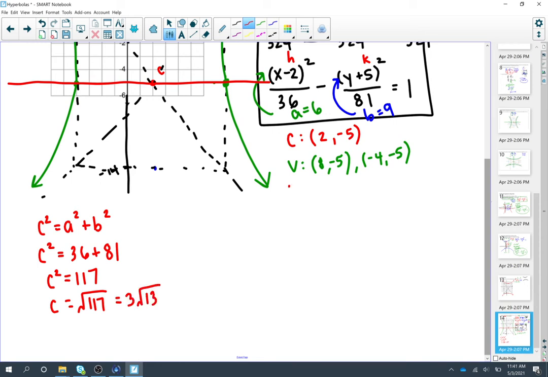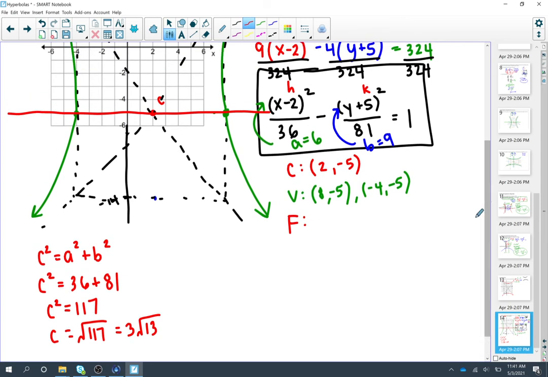Now, in order to list these, let's take a look where we're at. So we're at our center, which is right here. From our center, we have to go to a foci and to a foci. So out on the left, out on the right. And we know in order to get there, we have to go 3 root 13. So we're going to have to add 3 root 13, and we're going to have to subtract 3 root 13.